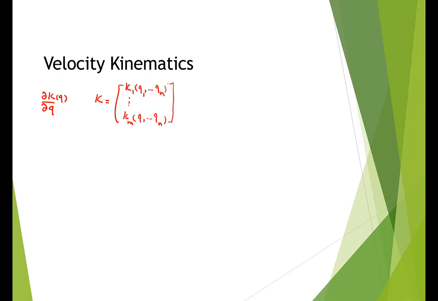Let's repeat the process of finding velocity only for one element, let's say the x element of the robot end effector position. X dot would be K1 dot. Using the chain rule of differentiation, it is equal to this term. If we repeat this for other elements of the forward kinematics, we can get similar equations.